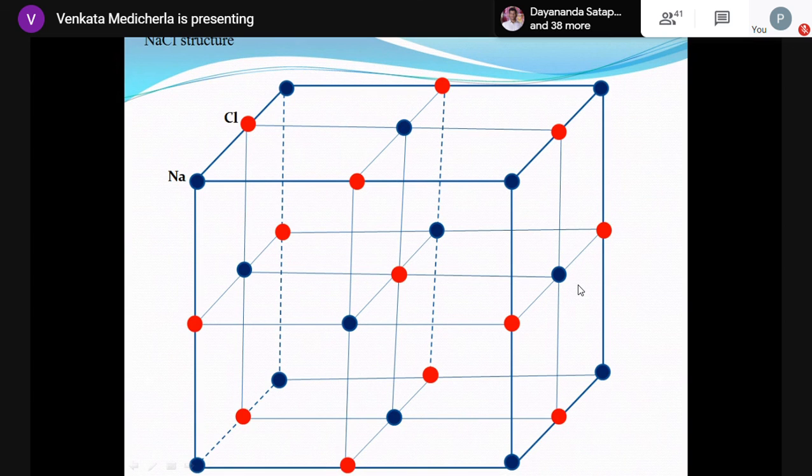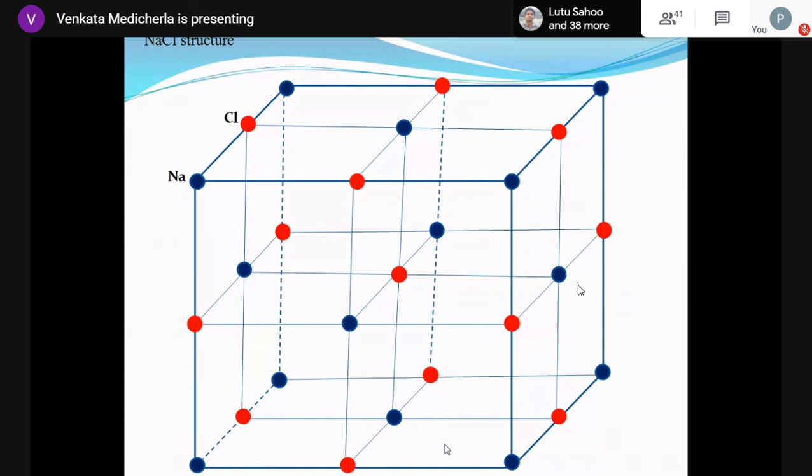And its structure, you see. If you want to understand the structure, first look at sodium. Forget about chlorine. If you only look at those thick blue dots, you see a face-centered cubic lattice, right? All the corners are occupied, and face centers are occupied. So sodium has a face-centered cubic lattice.